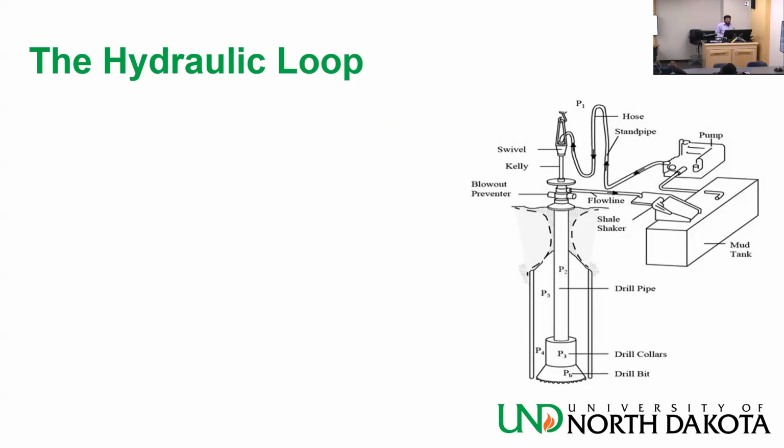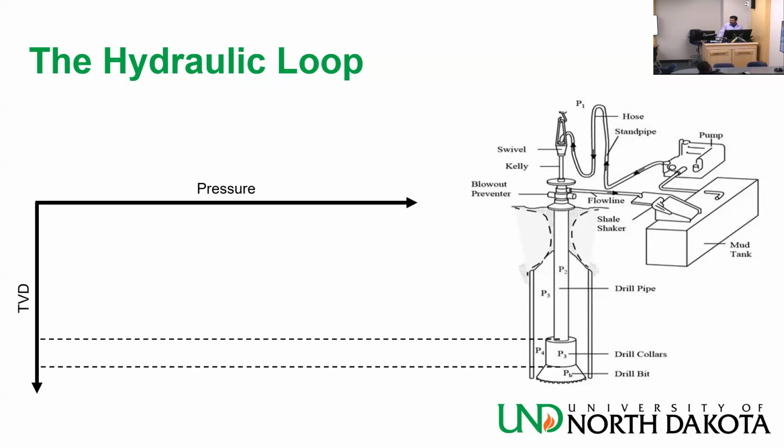Okay. So the hydraulic loop is a diagram that shows how the mud weight varies throughout this circulation system, throughout the bit, going down and then coming back up. It has, as you see here, pressure on the horizontal axis and depth on the vertical axis, true vertical depth.